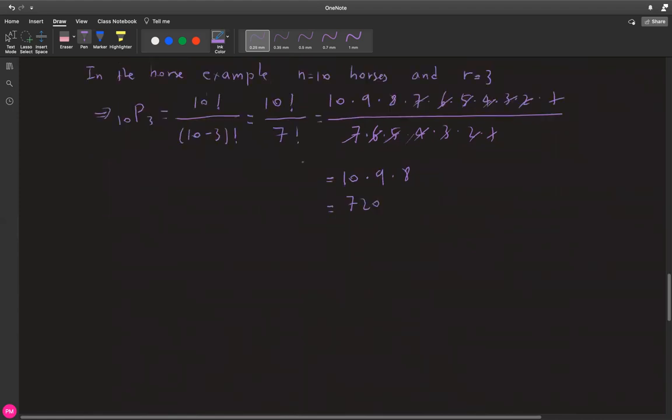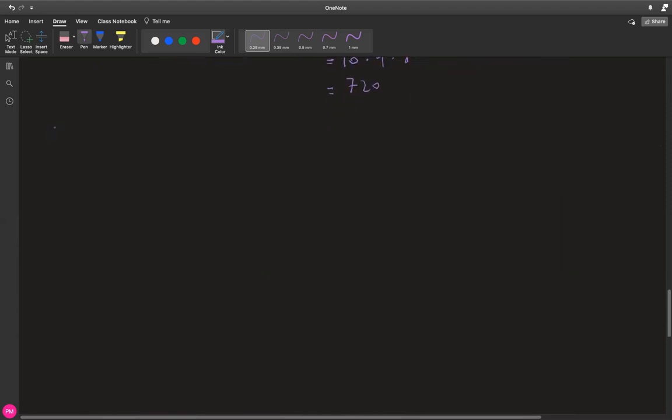Okay, so the next definition is combination. This is the same thing, but unordered.